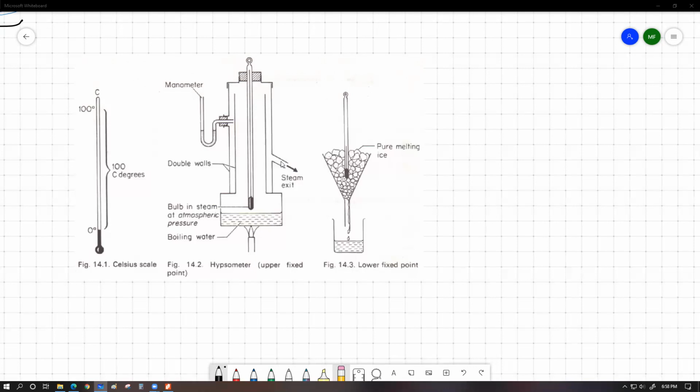To achieve this whole thing, we have to keep the steam within this contraption, and also the water has to keep on boiling.